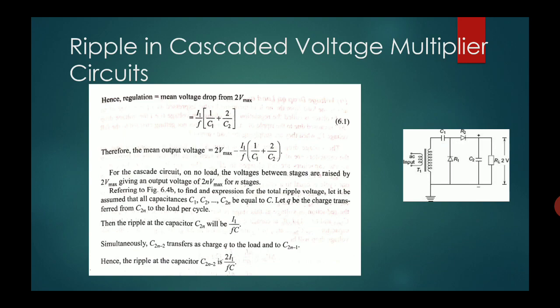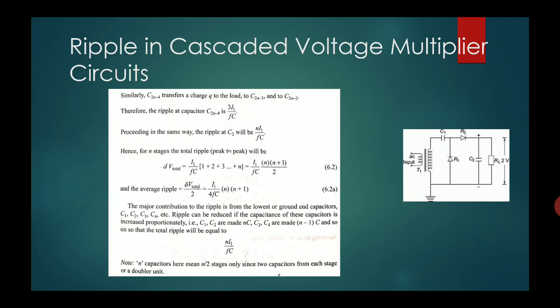Simultaneously, C2n minus 2 transfers charge to the load and to C2n minus 1. Hence, the ripple of the capacitance C2n minus 2 is 2I1 by Fc. Similarly, C2n minus 4 transfers a charge of Q to the load, to C2n minus 3 and to C2n minus 2.